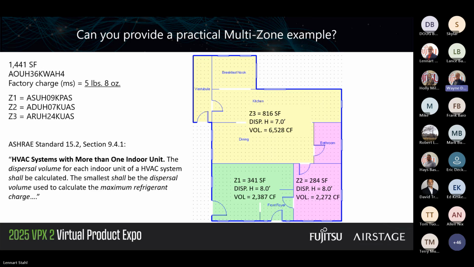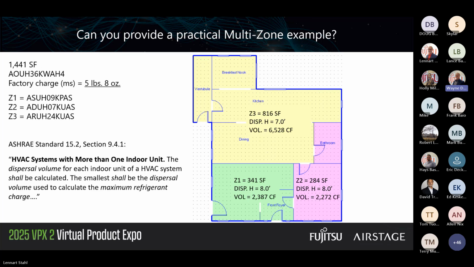So the standard requires that the dispersal volume for each indoor unit shall be, which is not a suggestion, shall be calculated. And the smallest shall be, again, not a suggestion, shall be the dispersal volume used to compare against the maximum refrigerant charge. So what does all that mean?